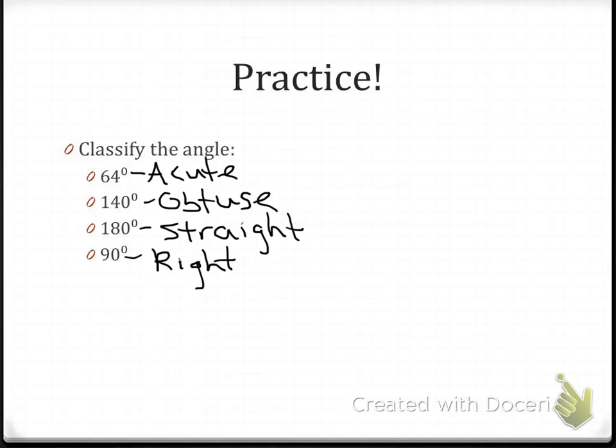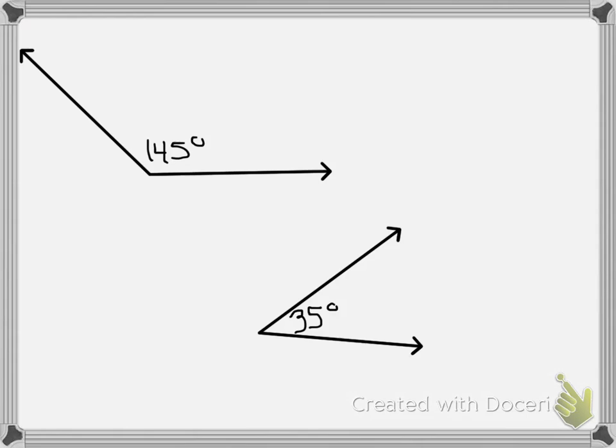Now, what if I gave you these 2 angles? 145 degrees and 35 degrees. Tell me if these angles are complementary, supplementary, or neither. I'll pause the recording and then we'll go over the answer. Anybody think they know? What do you think? Complementary, supplementary, or neither?